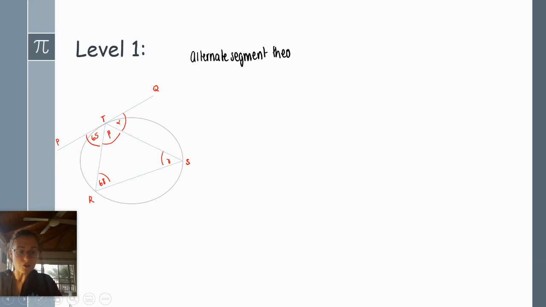So remember, external angle from tangent to the triangle edge will equal the opposite internal angle. So I know that alpha QTS is going to equal the same angle as TRS, which is 68 degrees. One angle done.